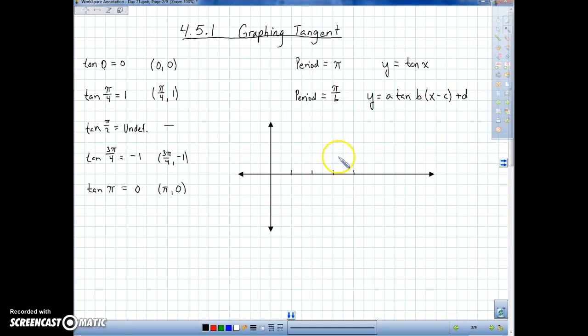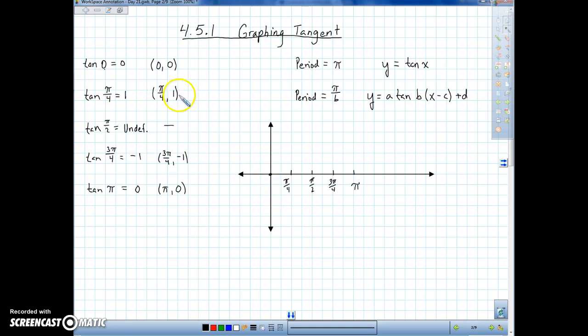The period for tangent is pi, however, so on the 4th mark we're going to start that at pi, which would mean that the second mark right here is pi over 2. And my other 2 marks are pi over 4 and 3 pi over 4. And this is really convenient because those are all of the inputs that we had some distinguishing features to graph. So let's go ahead and see what they're going to look like when we graph them. We start with a coordinate at 0, 0.